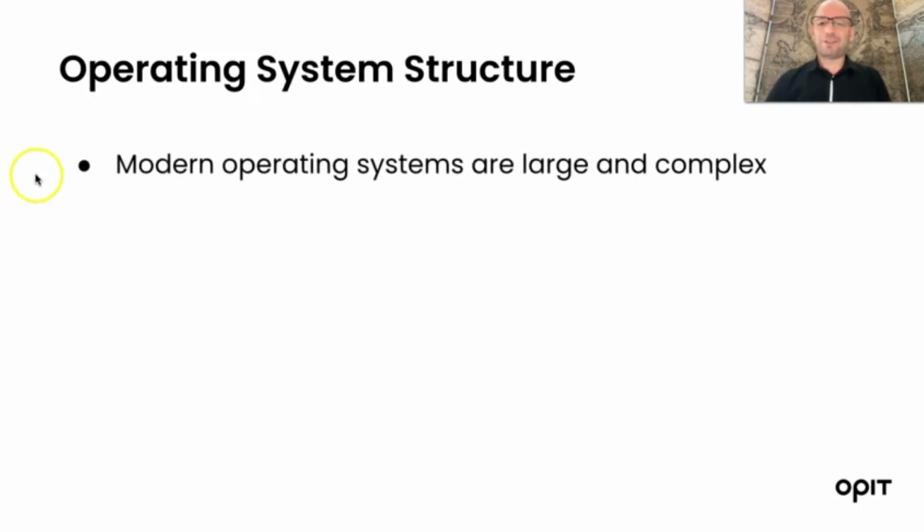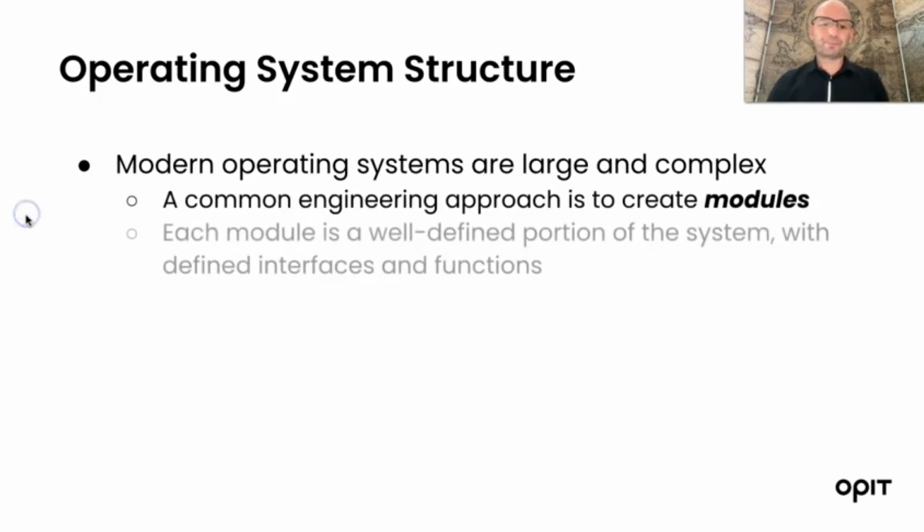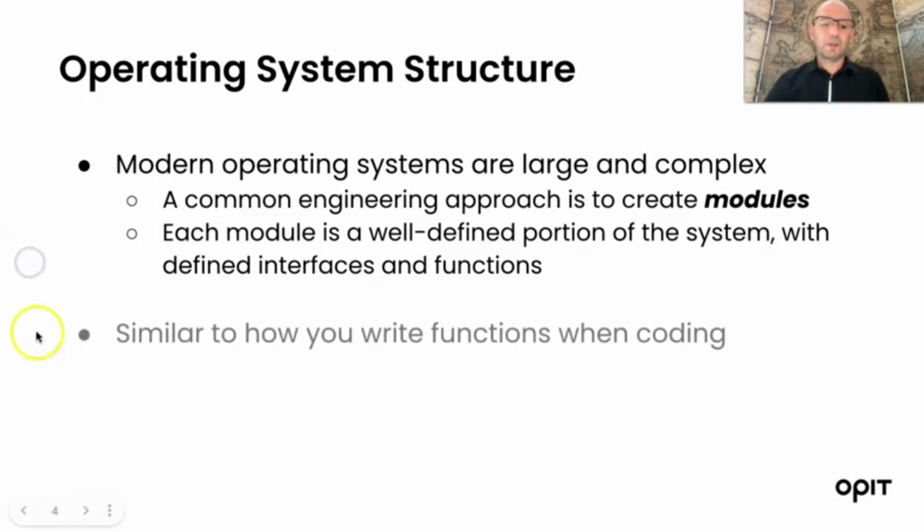So modern operating systems, as I'm sure you are aware now, are very large and very complex. Now, a common engineering approach when creating an operating system is to create it using modules. Each module is a well-defined portion of the system with defined interfaces and defined functions.